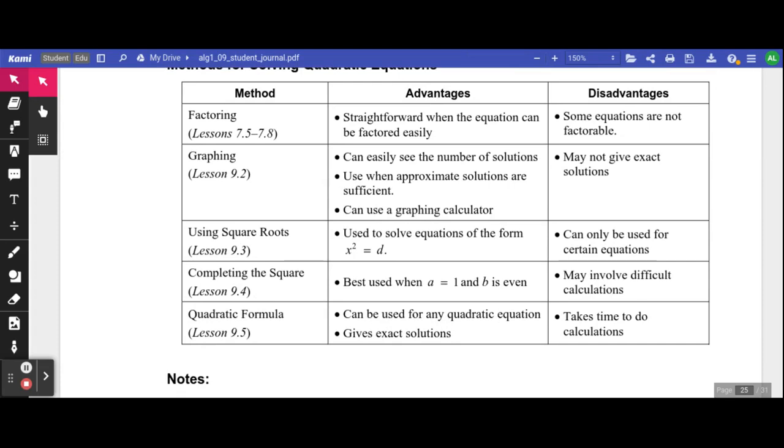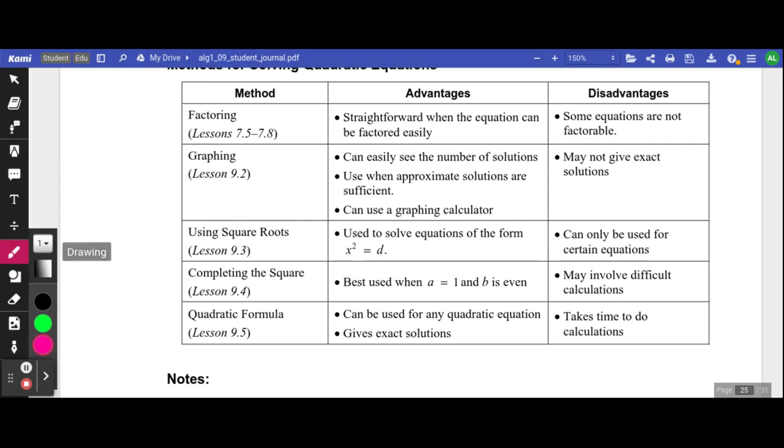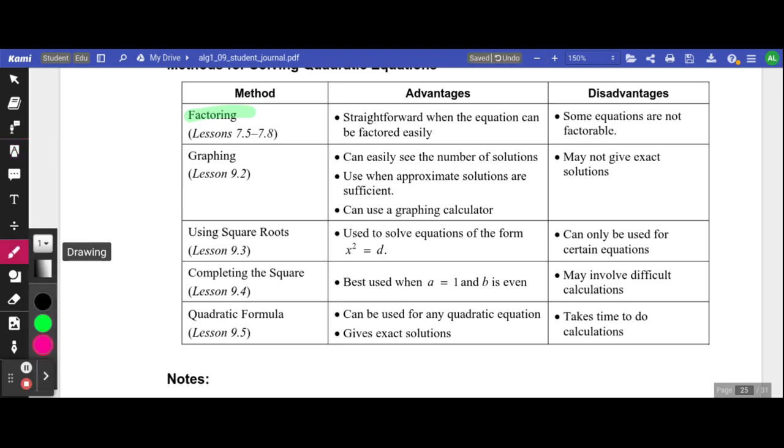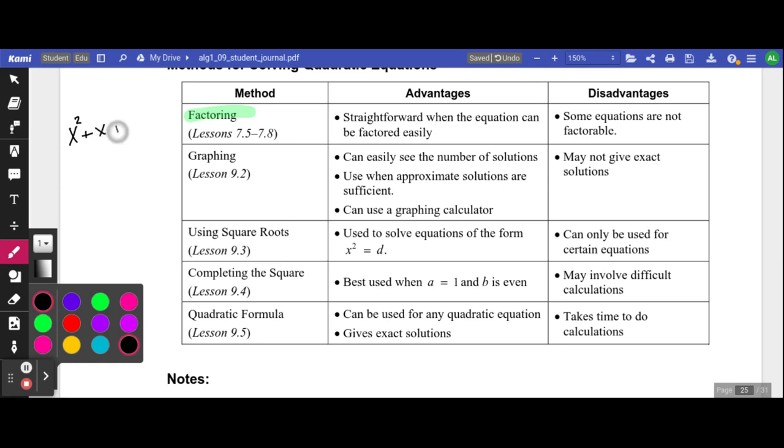And we have a nice little cheat sheet here of these different methods that we can use to solve these different quadratics. We talked about factoring way back in chapter 7. That's when we have something nice and simple like x squared plus x minus 20.